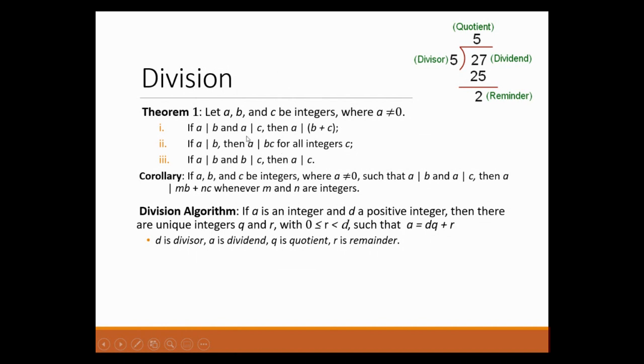Then if A divides B and A divides C, this implies A divides B plus C. Also, if A divides B, then A will divide B times C. And the third condition is if A divides B and B divides C, then A will divide C.